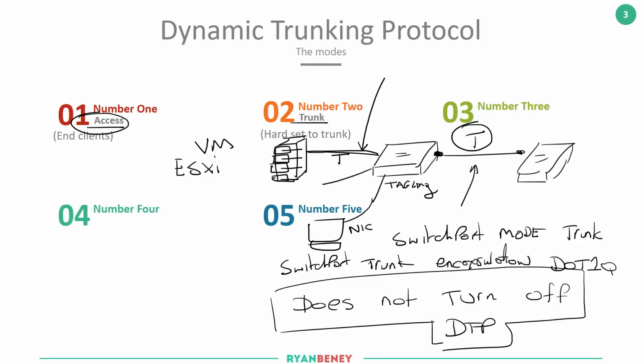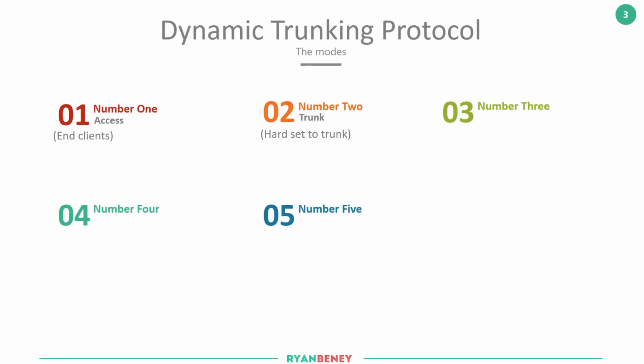But when we do trunk ports, because there's multiple VLANs, we add a tag. And because we add this .1Q tag, we need the end device, whether it's a switch, server or client, to be able to interpret that tag on the layer 2 frame. So something a little bit off track there, but it's very important that we touch base and understand it during our VLAN conversations, and DTP is a good place to bring that up now from the previous video, understanding VLANs and trunks and access ports in more detail.